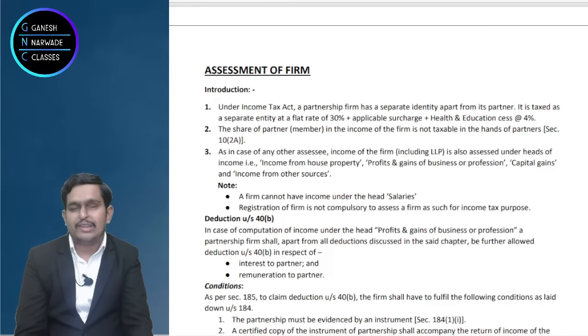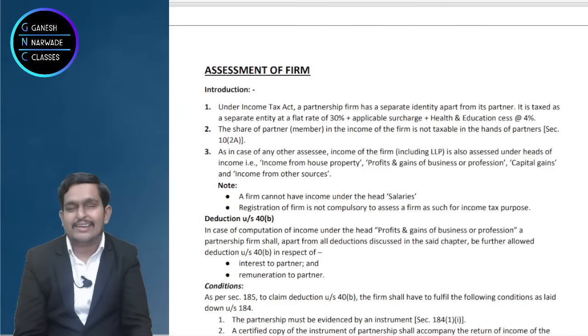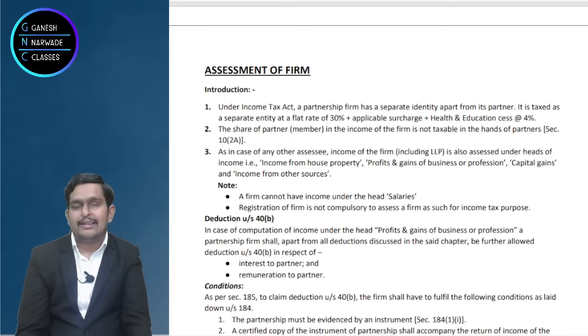But the difference between 10 lakhs, 1 crore and 3 crores income is that if the partnership firm's income exceeds rupees 1 crore, in that case the partnership firm not only has to pay the tax rate which I discussed till now, but also has to pay an additional 12% surcharge.